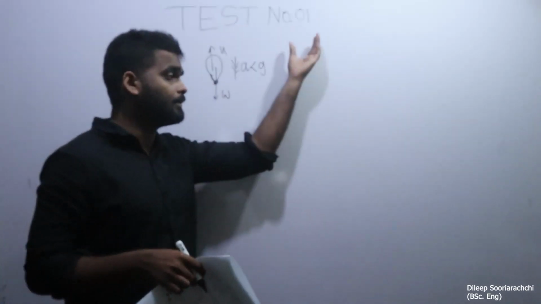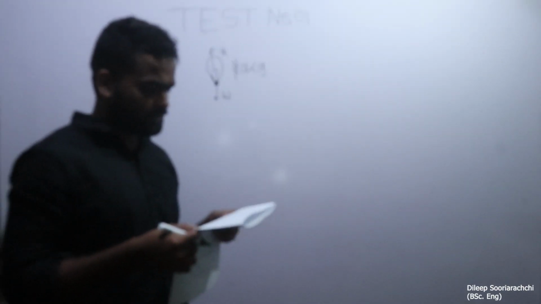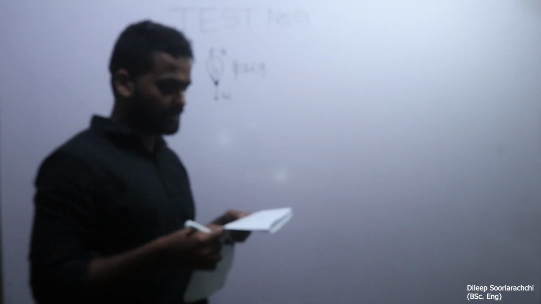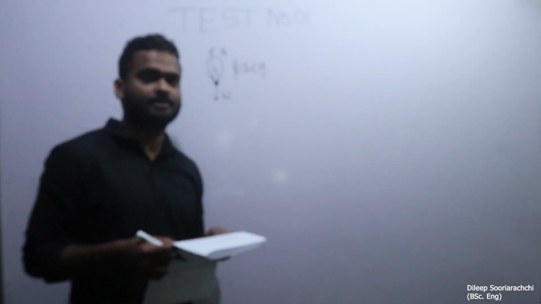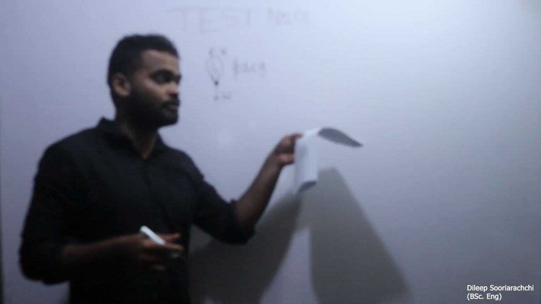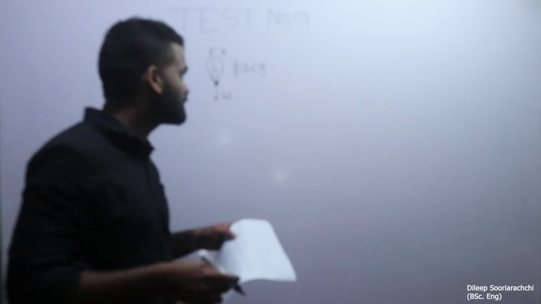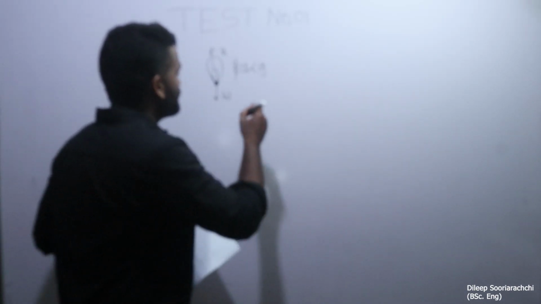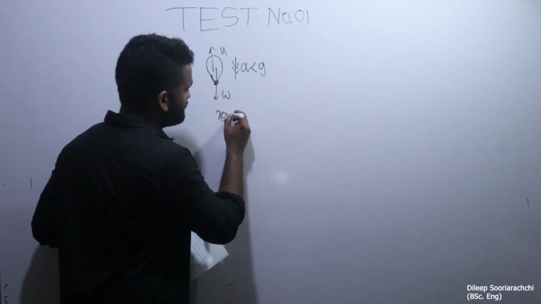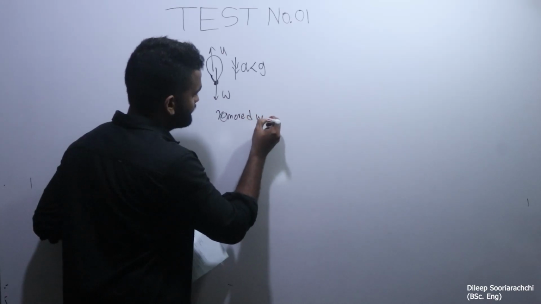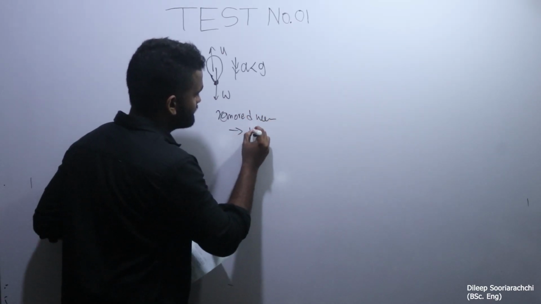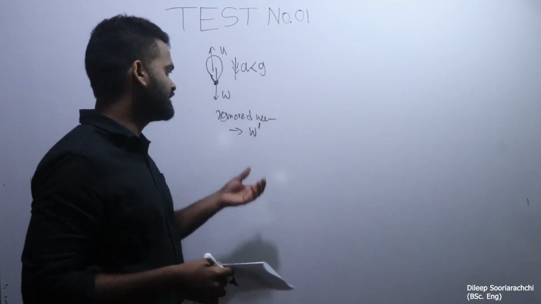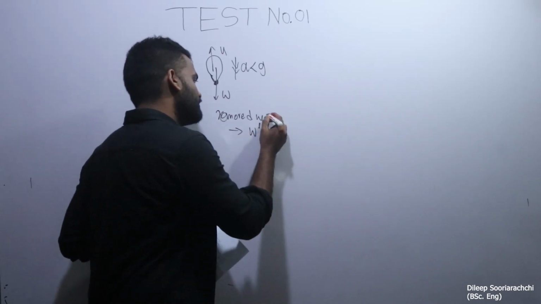Now it is moving upwards at the same acceleration. So what they ask is to find the weight of material to be removed in order for that to happen. Let's say the removed amount is the removed weight. I'm taking that as W dash. So this W dash is what we need to find.